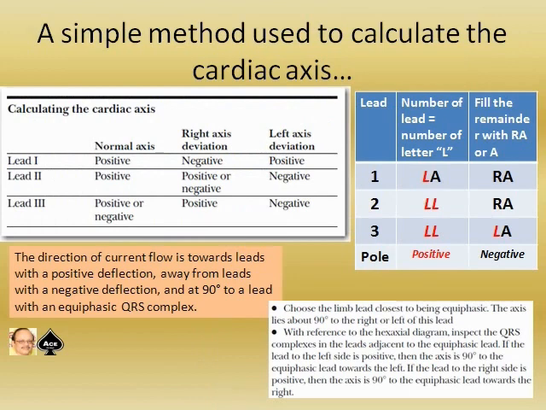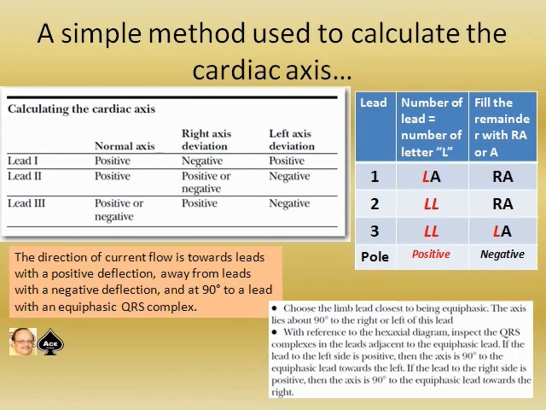Now I am showing you a simple method which is used to calculate the cardiac axis. Please look at your right side where I am showing you the 3-column table. One column shows the lead.